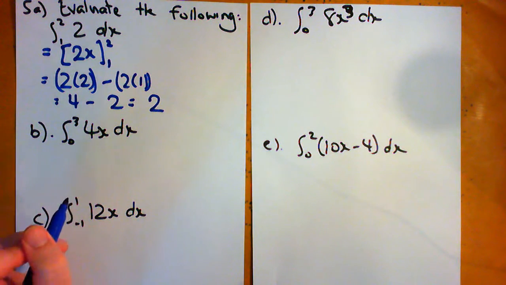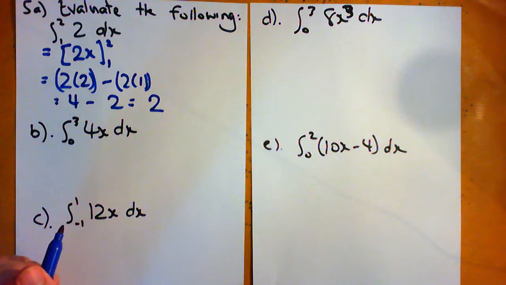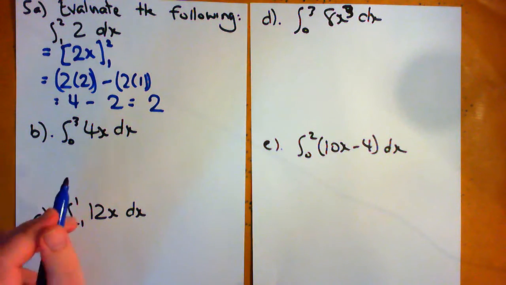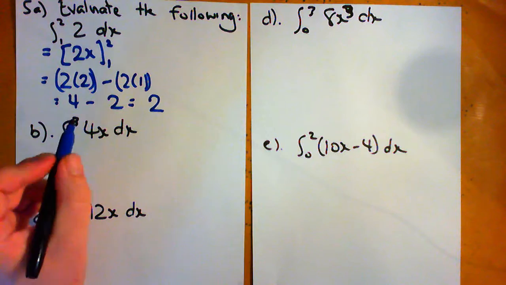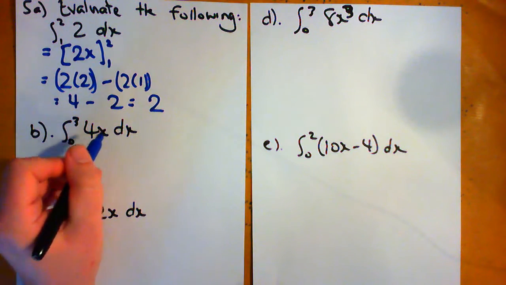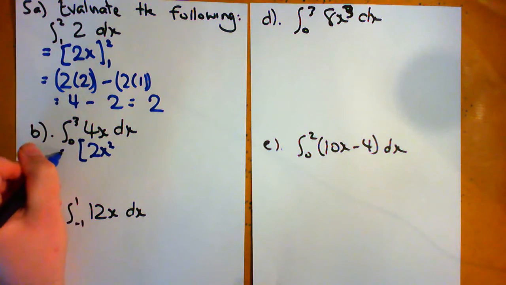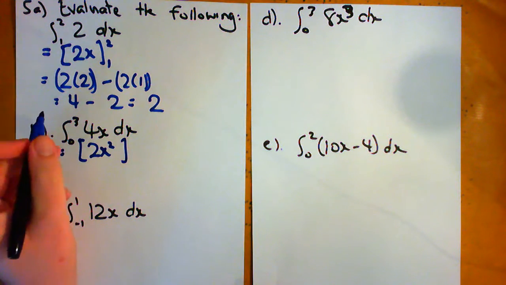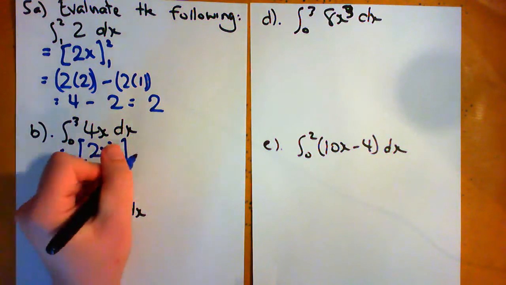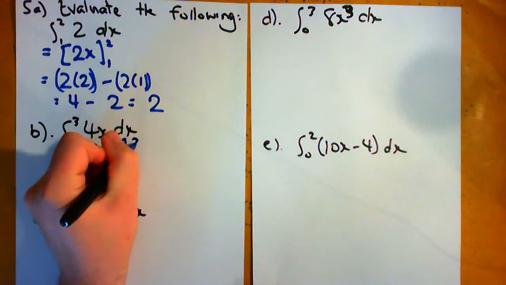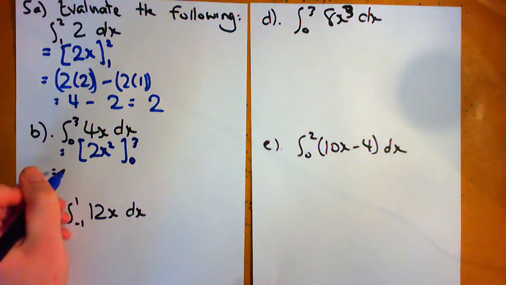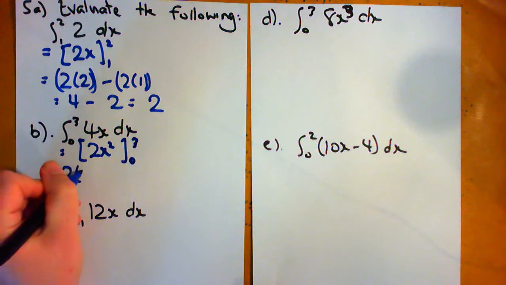Okay, question B, integral between 0 and 3 of 4x dx. So if we integrate 4x, we get 4 over 2 x squared, so we get 2x squared. And this we are going to evaluate between 0 and 3, which gives us top number first, which is 3.